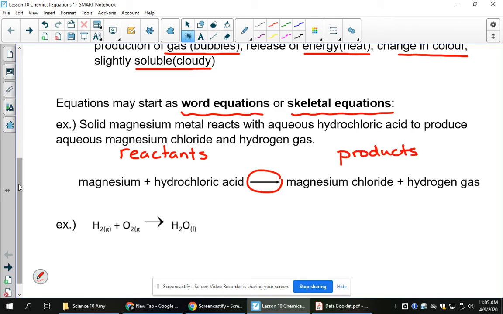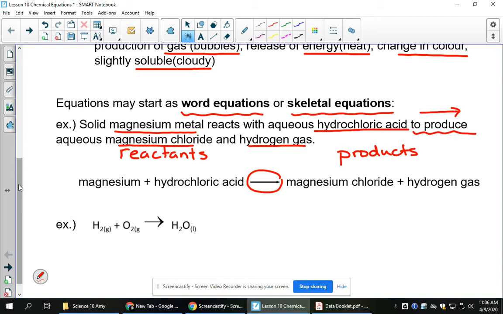So in this question, it's saying magnesium metal reacts with hydrochloric acid to produce. This is where our arrow needs to go. And then we're going to have the other two, magnesium chloride and hydrogen gas, on the product side.